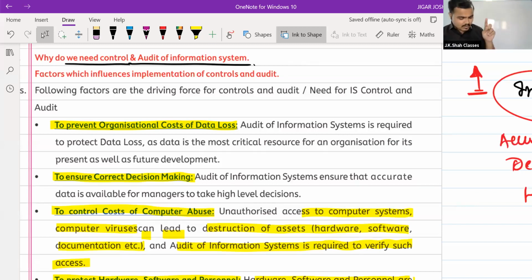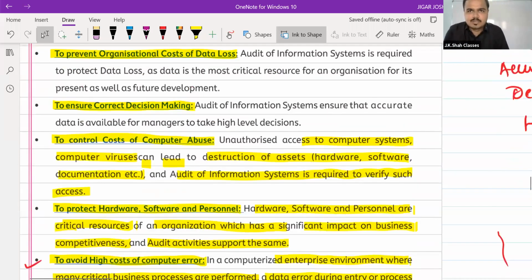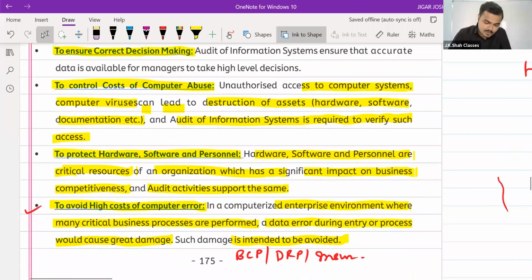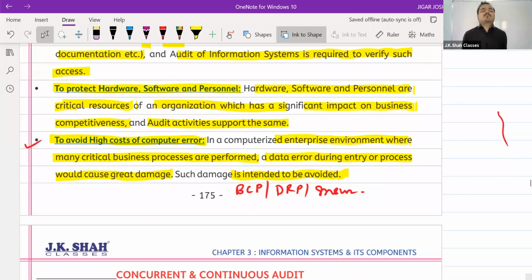Third, control the cost of computer abuse. Fourth, protect hardware, software, and personnel. And last but not the least, avoid high cost of computer errors. Understood, my dear chartered? Say yes or no.